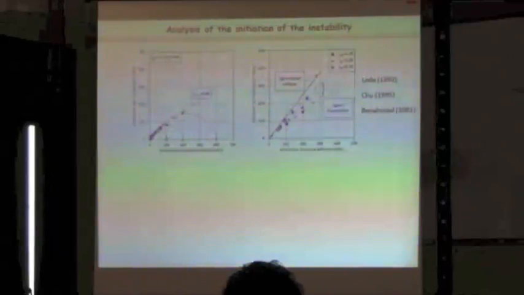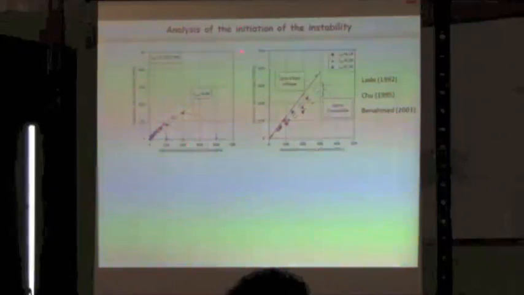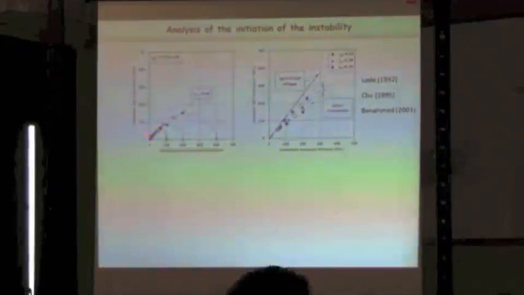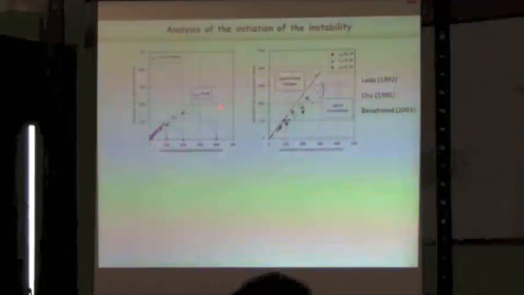So usually when we analyze the initiation of the instability, we use the concept of the instability line introduced by Ladd. This instability line is a line which links the peak strength of different samples sheared under different conditions but having the same initial density.